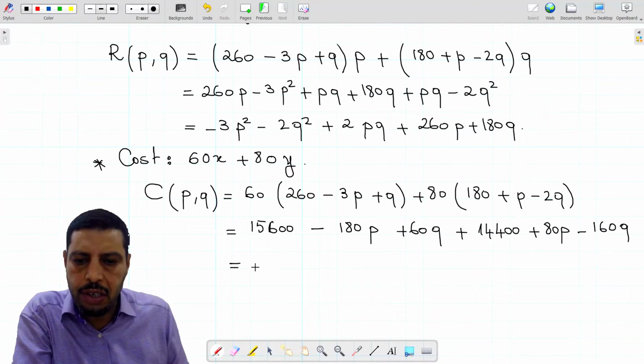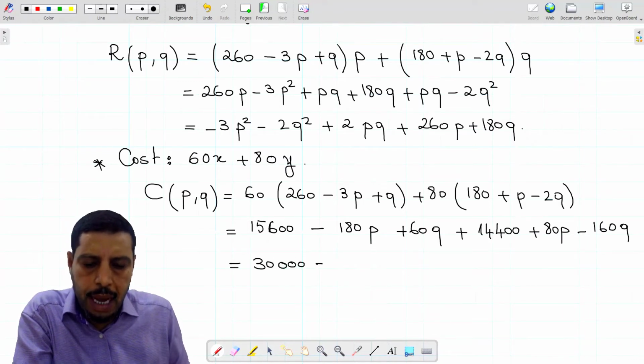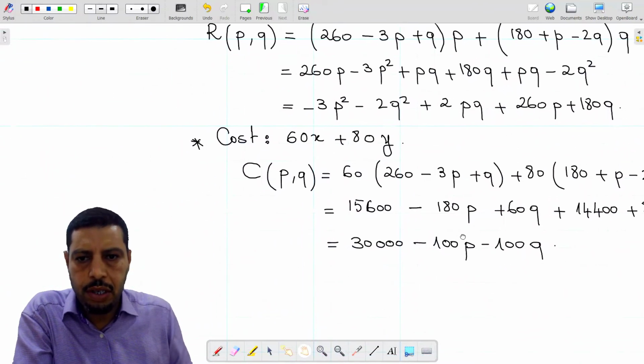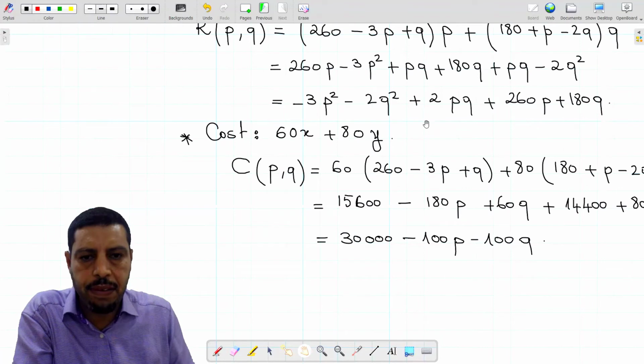Now, after simplification, you will get 30,000 minus 100P minus 100Q.